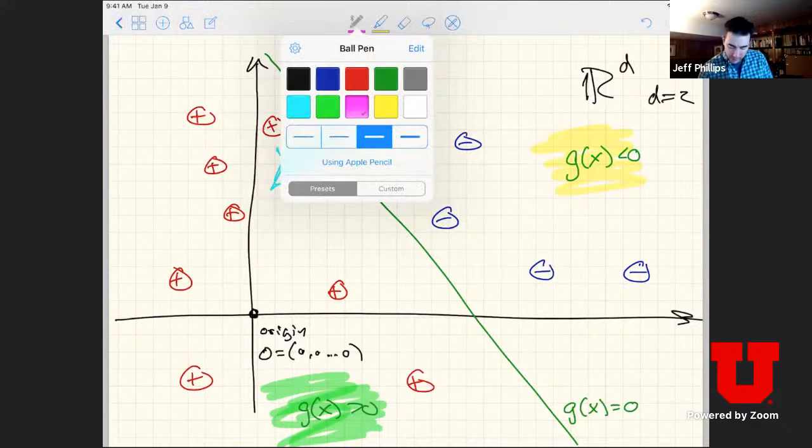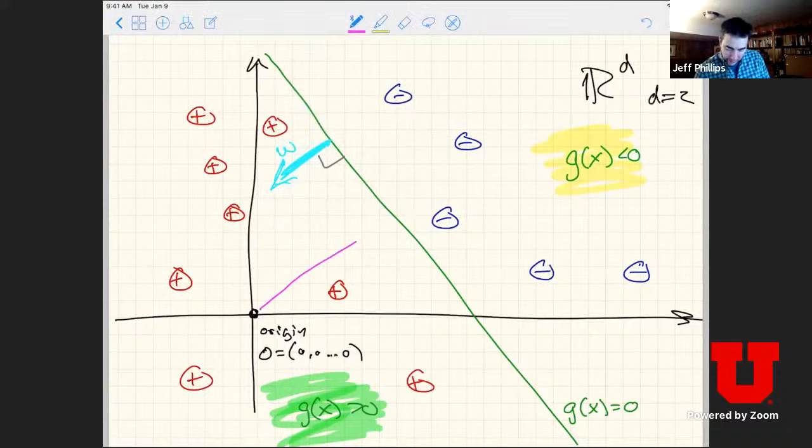And then the value b is this distance. b is the distance from the closest point on the origin. So we're doing a linear projection from the origin onto this line, and we look at that difference. You could think of that as b. So this is what this picture looks like. This is for a function g of x equals the dot product of x and w, plus b.